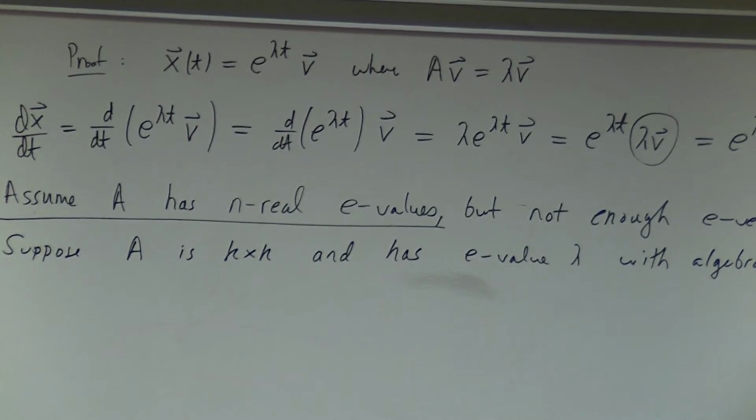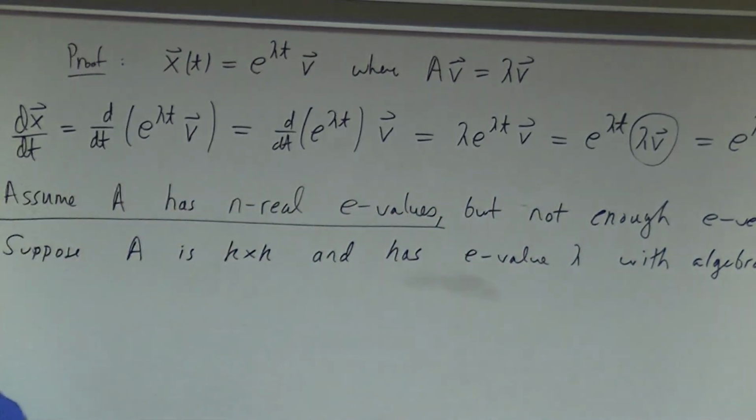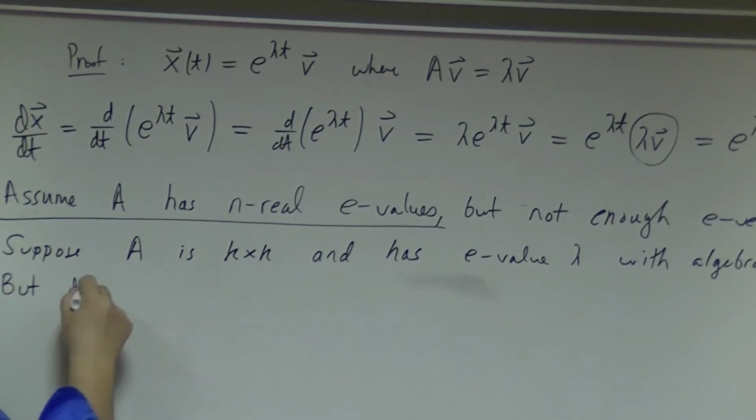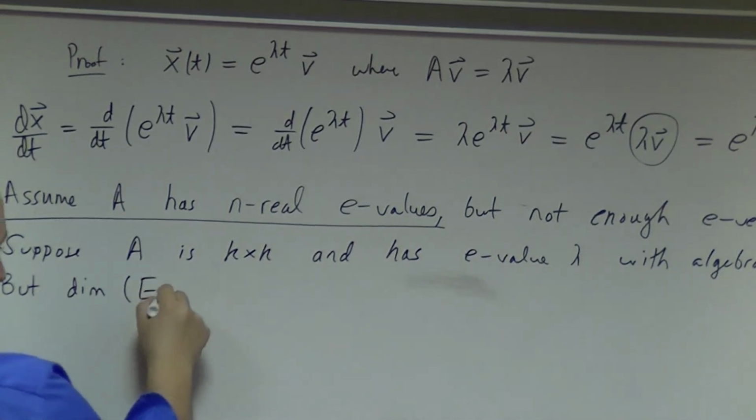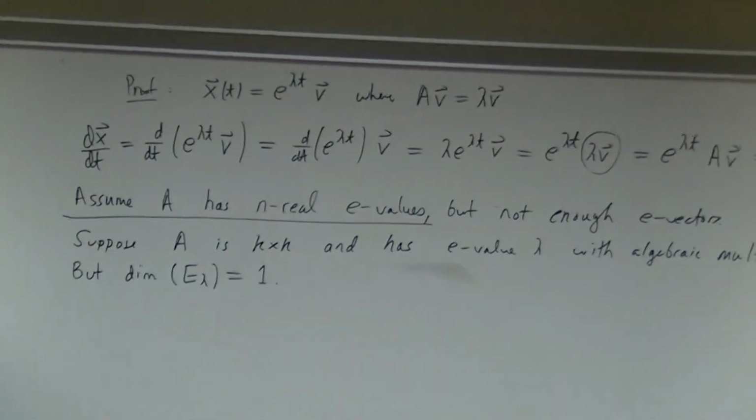I need a different notation, let me use an x here for a second. The determinant of A minus xI is just equal to lambda minus x to the k power. In other words, you just have the repeated root of lambda k-fold times. And I'm also going to rain on our parade and say, but the dimension of E lambda is equal to 1. So in other words, I have just one eigenvector.